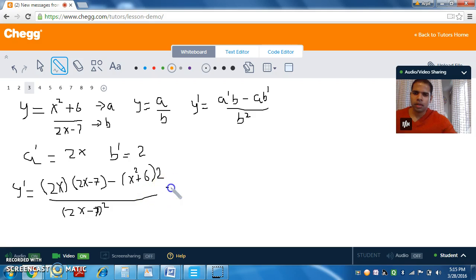So this is basically our derivative of the function.